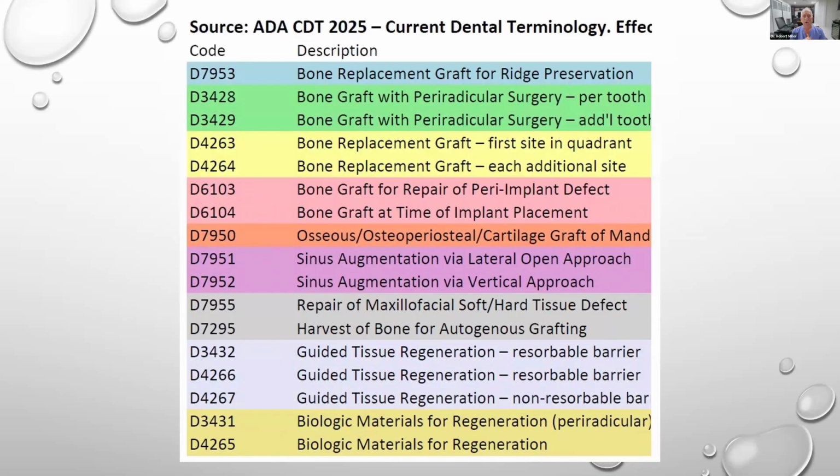And you can take a picture of this if you'd like, or a screenshot, whatever you want to do. These are some of the codes that we use, the CDT 2025 codes. So if you're working in a practice where you're doing a lot of insurance work, these are the codes that we're using today.